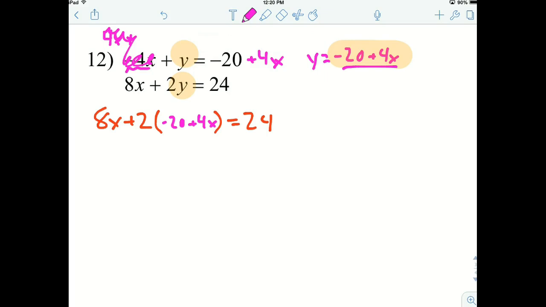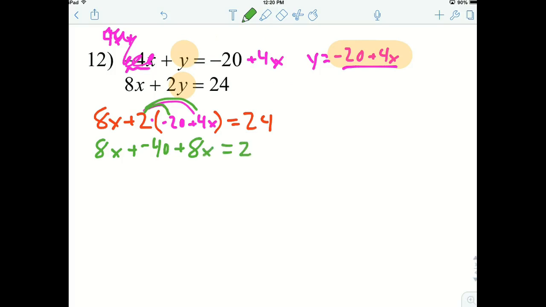And then we have to keep on solving. So we start by distributing. Since 2 is being multiplied by that, we multiply it by each thing inside. As we do that, we're going to end up with 8x, which we just carry down, plus 2 times negative 20, which is negative 40, plus 2 times 4x, which is positive 8x.